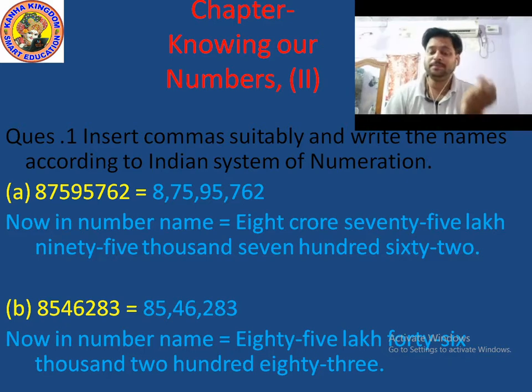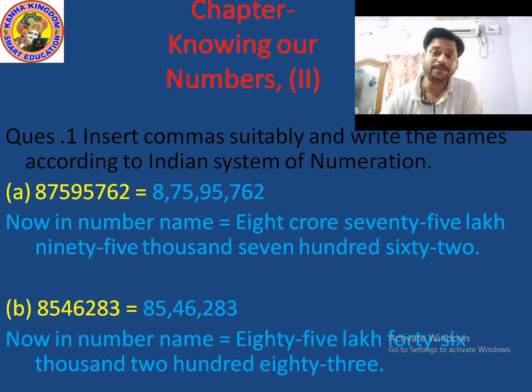Now which period starts? The crores period, and in the crores period how many digits are here? In this part how many digits? Here is a single digit. So write down the single digit. So this single digit is in which place? Crores place. So which digit is in the crores place? 8.